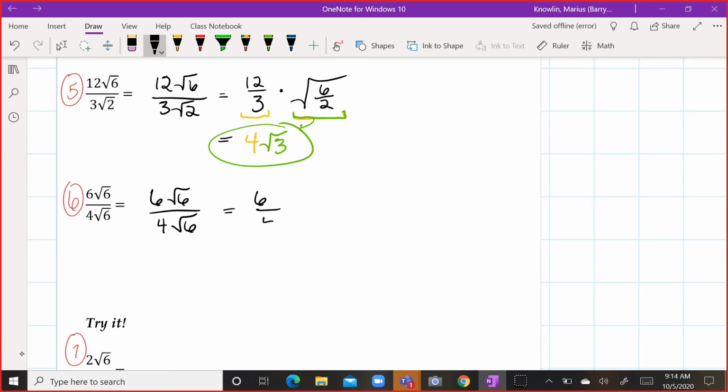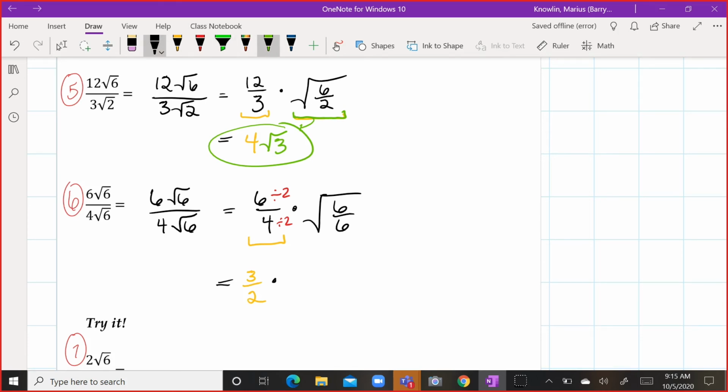So that's going to be 6 divided by 4 times the square root of 6 divided by 6. When we simplify this here, both of these, we know we can divide by 2. So that's really going to become 3 halves, so 3 divided by 2, times the square root of 1.